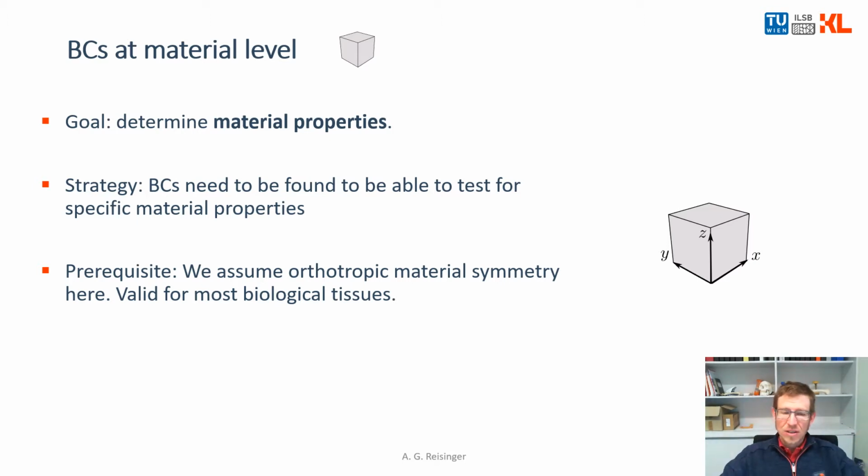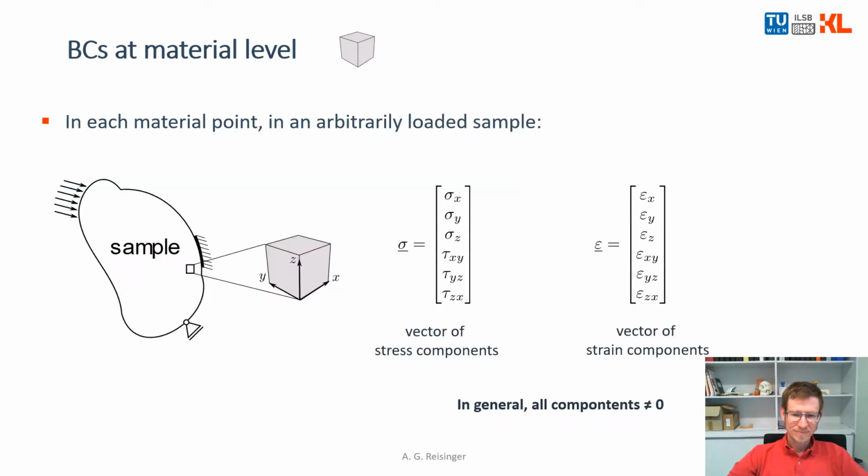Okay, so let's continue. These slides describe now what is happening within our potato sample. So imagine you have a potato, you have mounted it somehow with displacement boundary conditions, and you apply stress here. Then you will have a distribution of stress and strain within the sample.